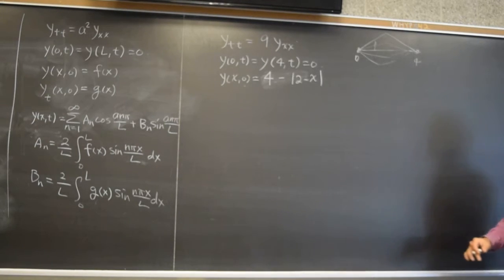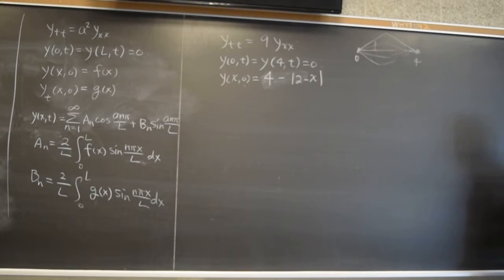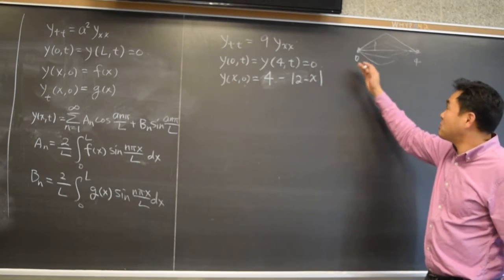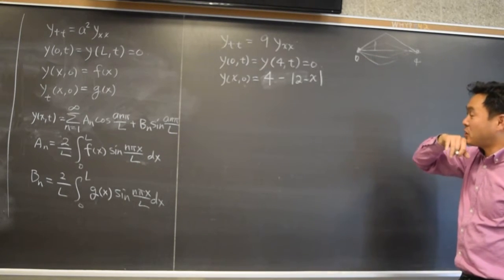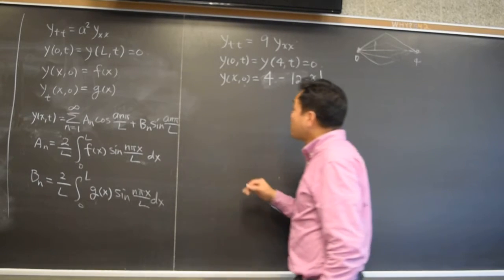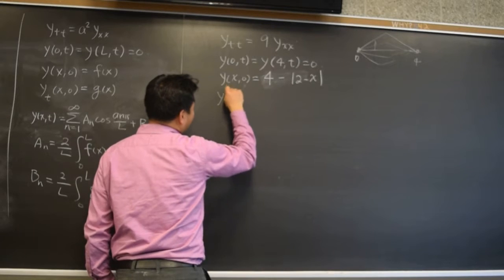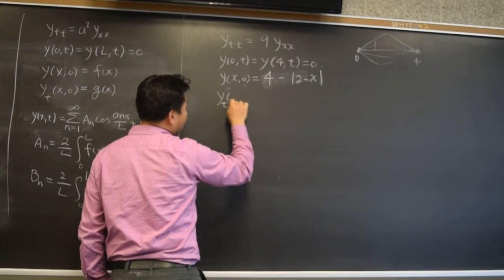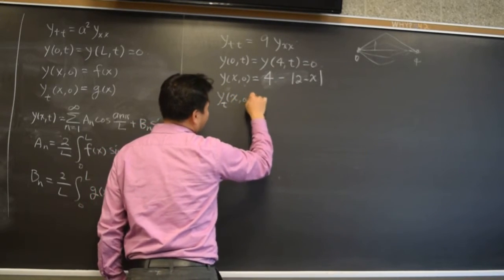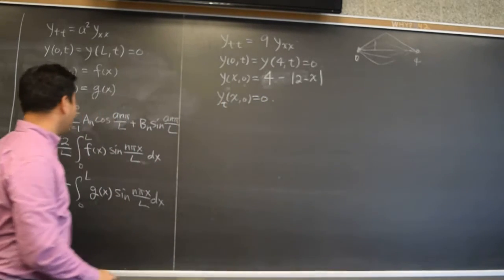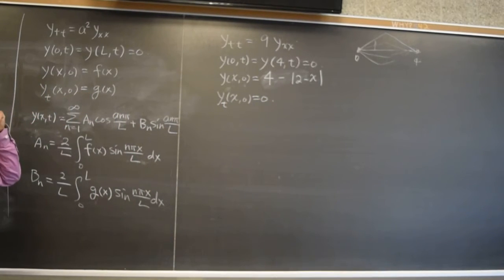So that's not what you would expect in real life, but still it's useful. So this is called the wave equation. And let's just say the initial speed yt of x0 is 0, so that we don't have to calculate this one.